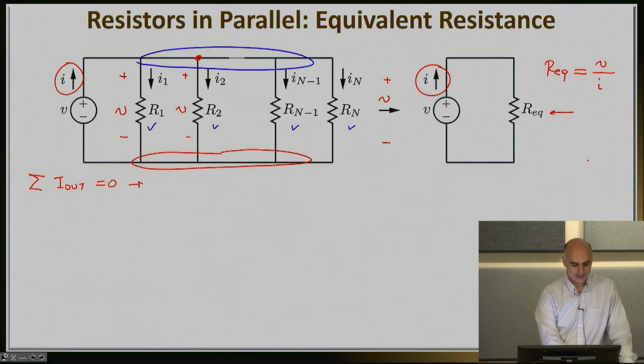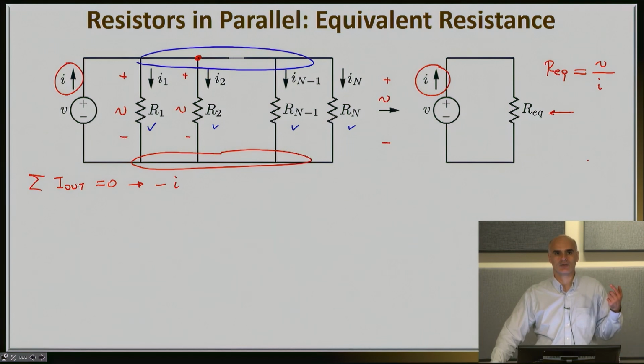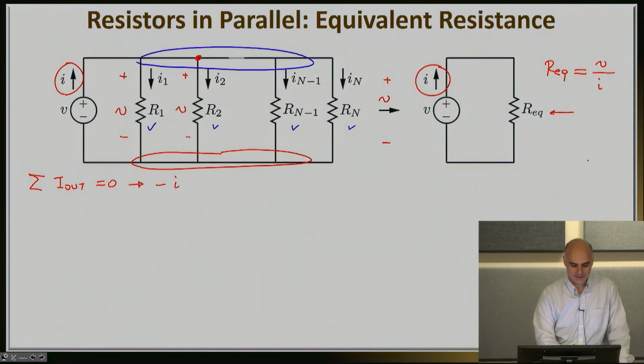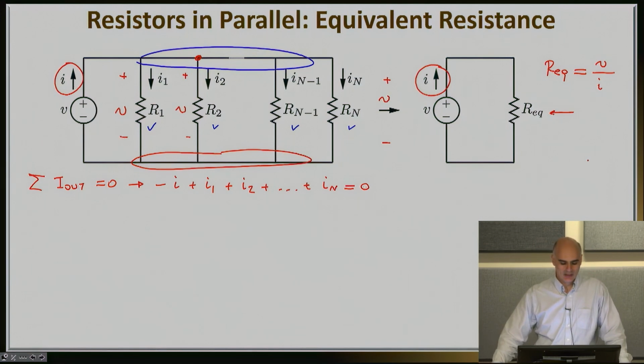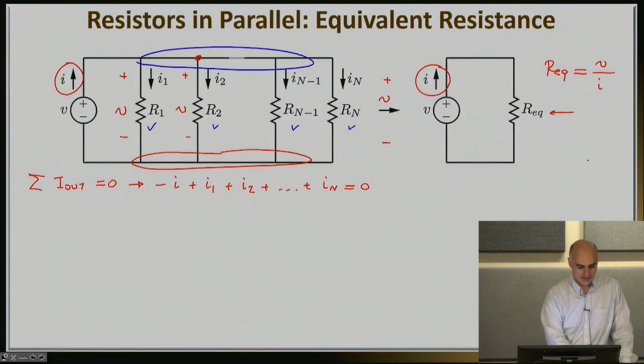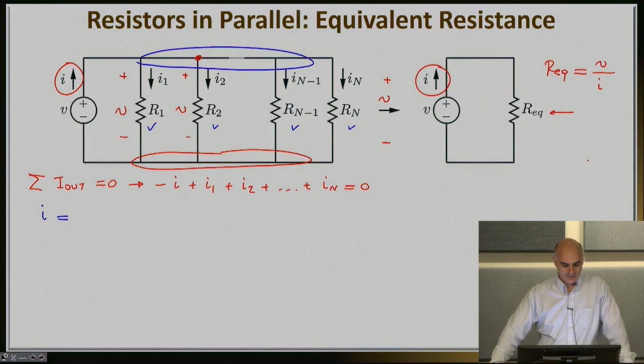And when you do that, you will get negative I, this is the current that is entering the node, and therefore I will take it as negative, plus I1, plus I2, plus all the currents until In must be adding up to 0.